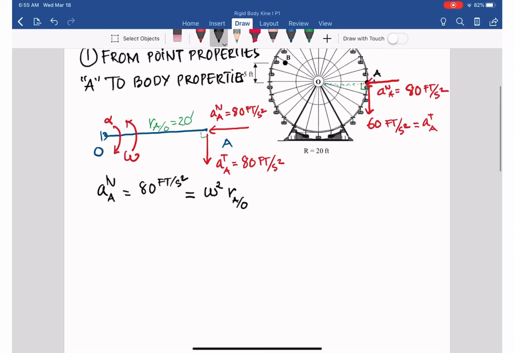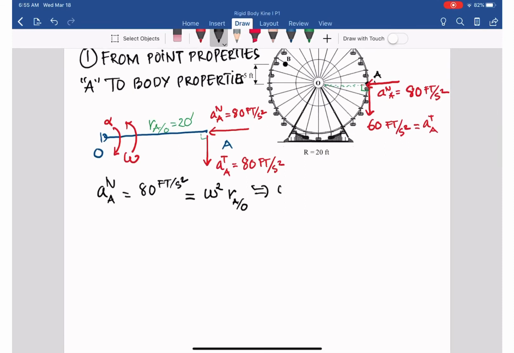So you have omega equal to the square root of 80 divided by 20 feet for the radius, so that will be equal to 2 radian per second. So that is the first body property we find out.